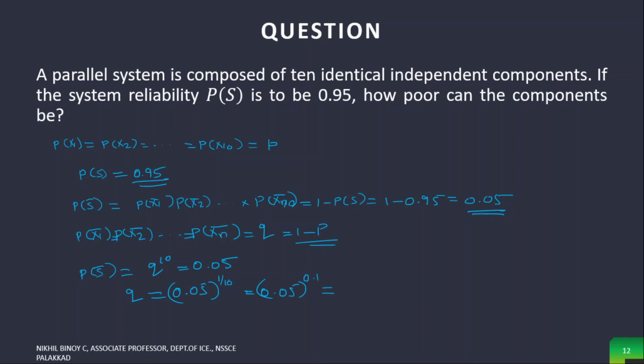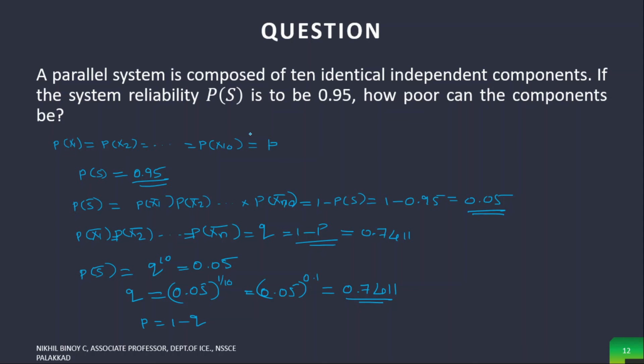In the calculator you have the x raised to y icon, you can use that. So Q is equal to 0.7411, which means the probability of failure of each component is 0.7411. So P of x1 bar, P of x2 bar, etc., P of xn bar, that is equal to Q, 0.7411. So what about P? P is equal to 1 minus Q. What is P?